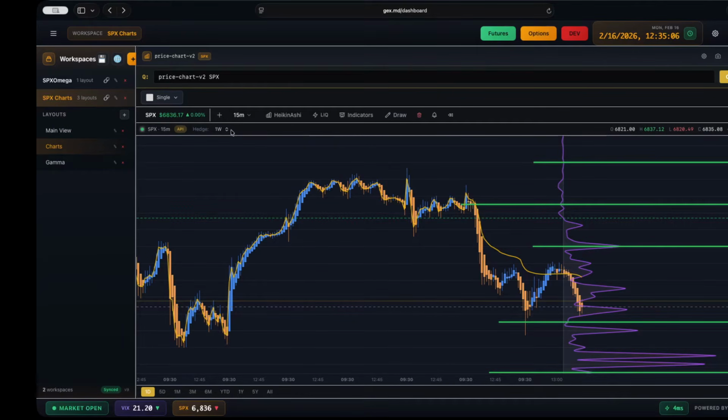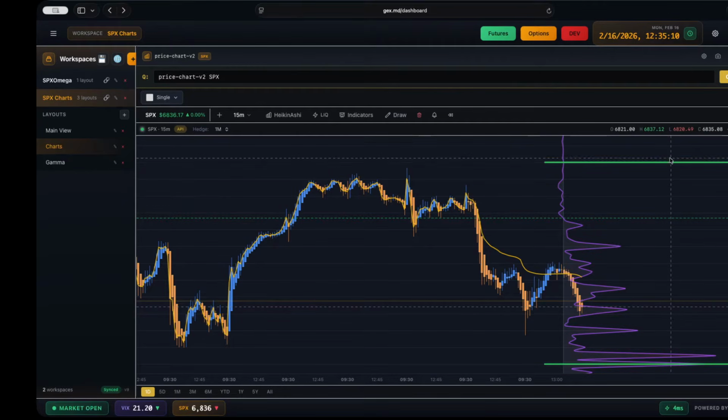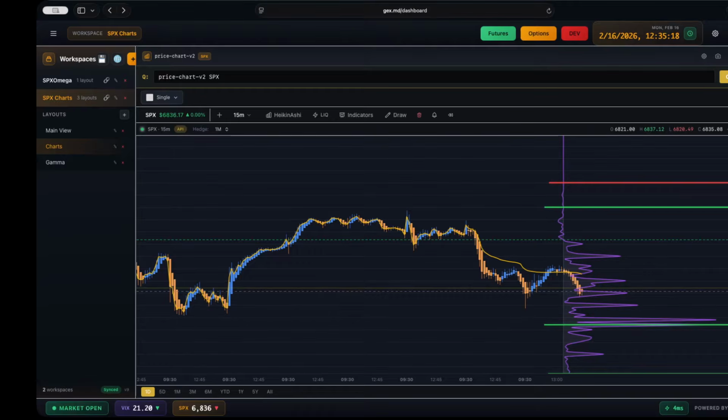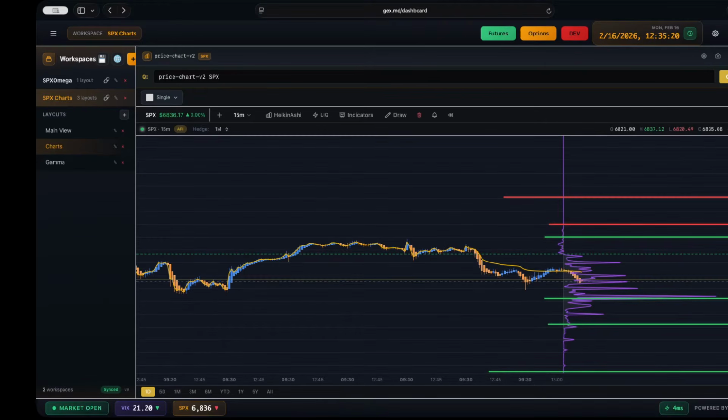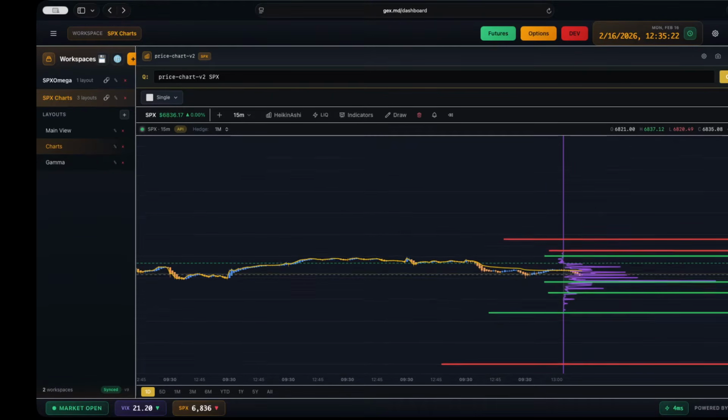Or if I want to see more, I want to see the monthly one, I see which is the top, which is the bottom. So I know my range, 7,000 to 6760. Then you can keep reducing, and then you can even see more.